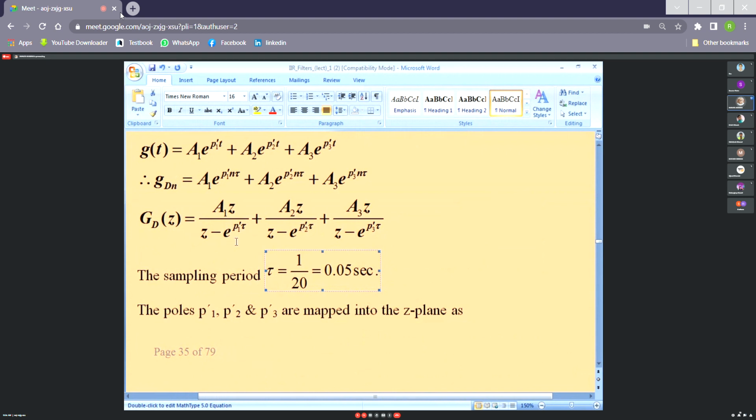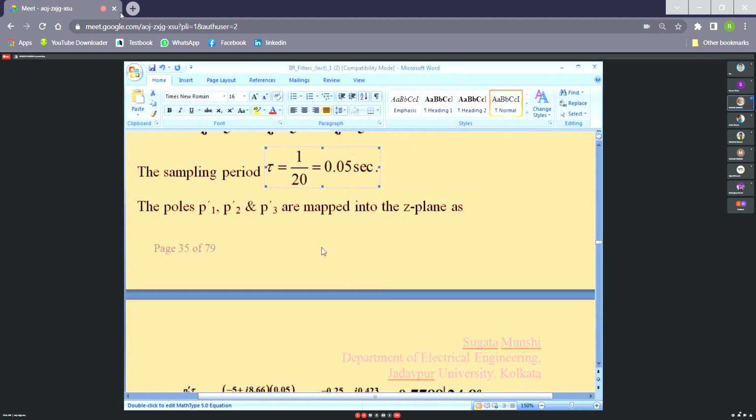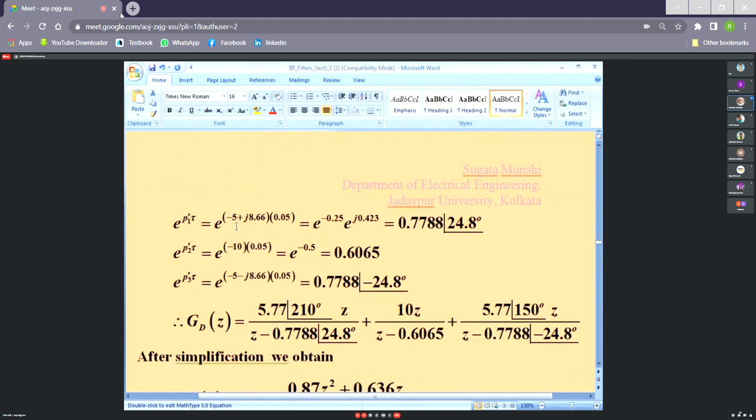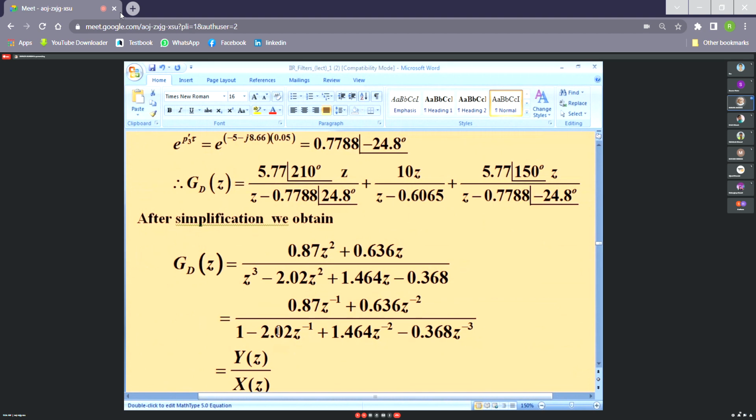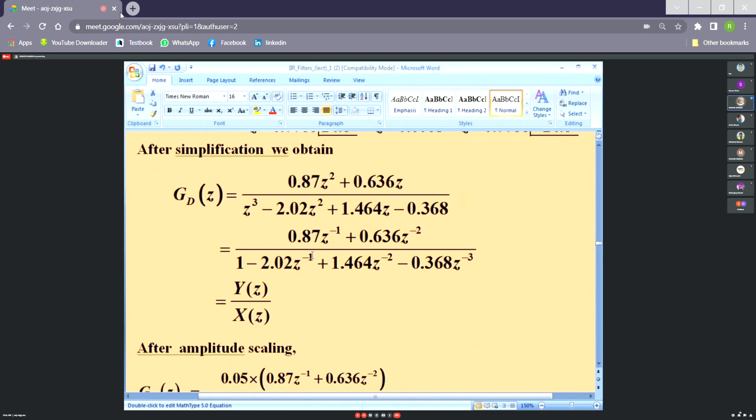So we have to find out e to the power P1 prime tau, e to the power P2 prime tau, and e to the power P3 prime tau; A1, A2, A3 are already determined. Their values are evaluated here. On substituting those values, you get GD(z). Now you have to do a lot of simplification and ultimately obtain GD(z) as indicated there.